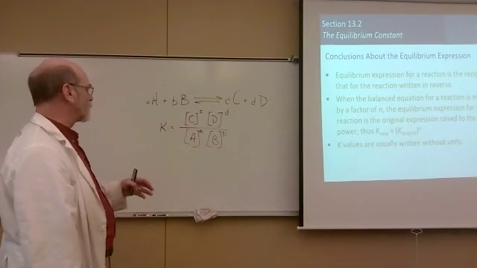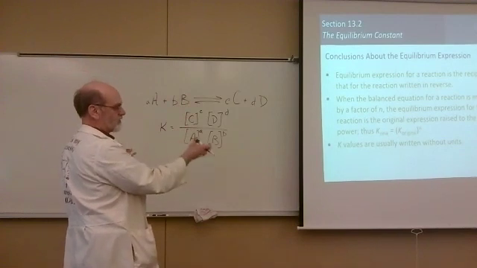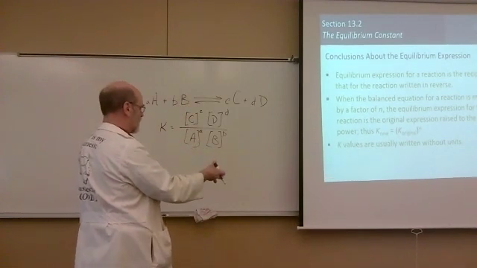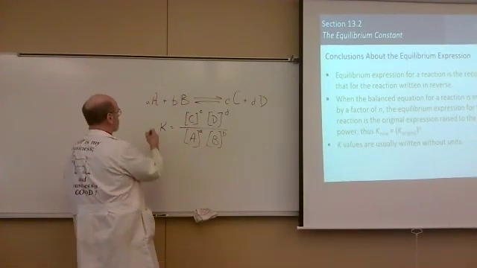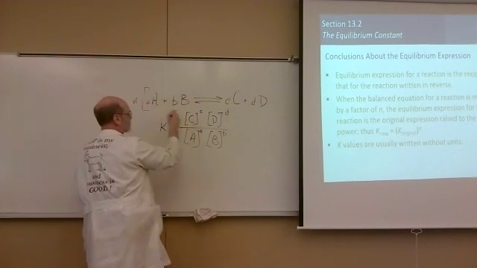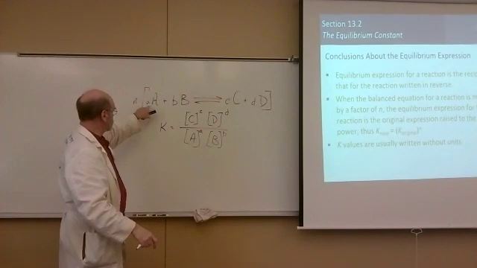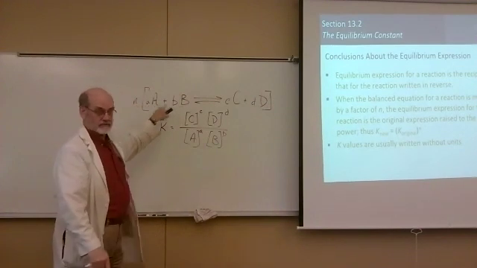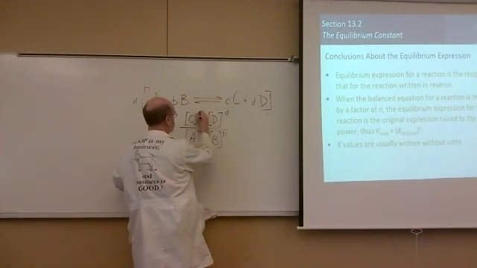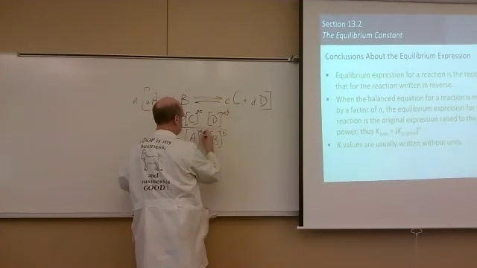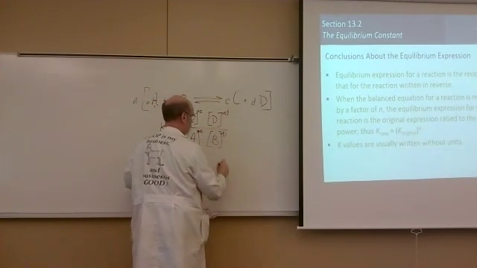If we need to multiply the entire equation by a constant, what does that do to the K? Well, if we multiply it times an n, then that means this n is times each one of these, right? So then we would just have n here, n here, n there, n there.